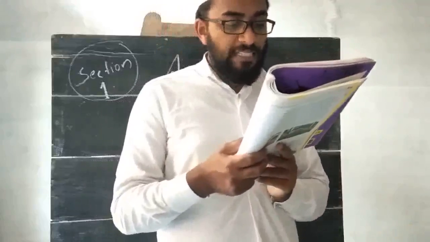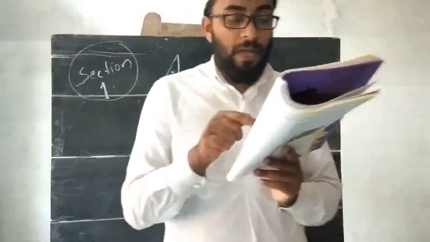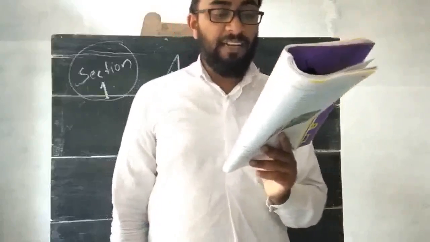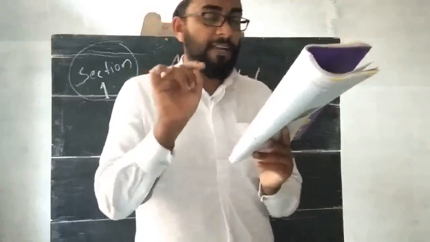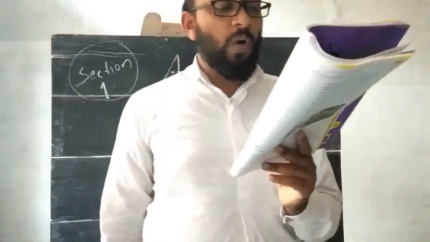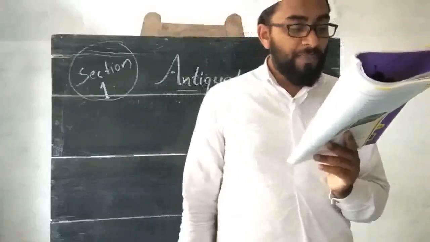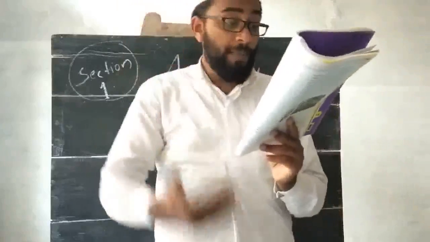The cyclostyle duplicating process was invented by David Gestetner in London in 1890. Very important, you just underline it and learn it by heart. A stencil was cut on a normal typewriter by using special stencil paper. This is very special stencil paper to take copies.